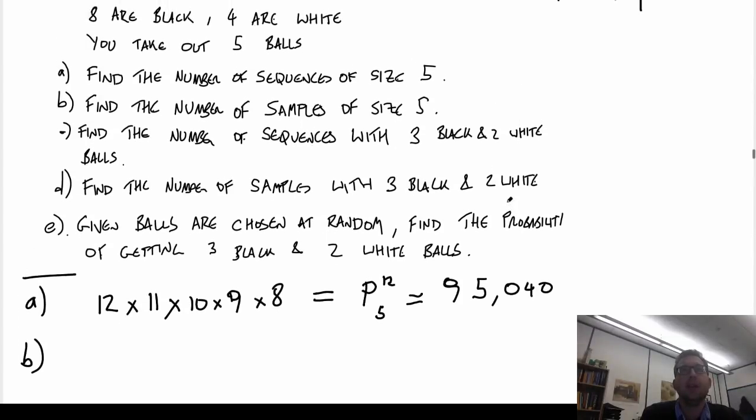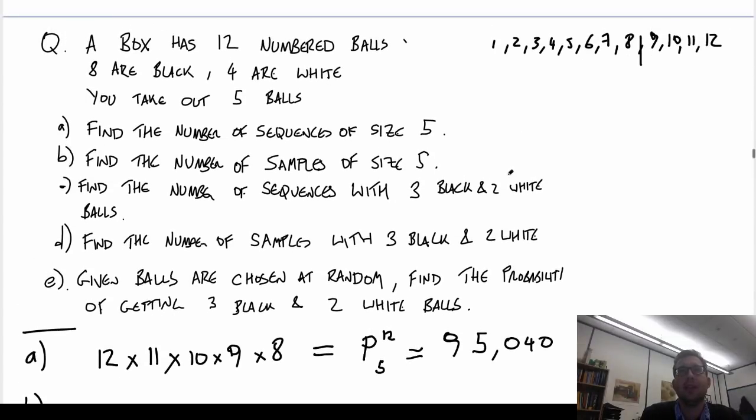Here, for example, we could be given ball 1, then 2, then 3, then 4, then 5. Or we could have been given those 5 balls as ball 5, then ball 4, then ball 3, then ball 2, and then ball 1. When we're doing that, we don't really care what order the balls arrived in. We just care that we got those specific 5 balls numbered 1 to 5.